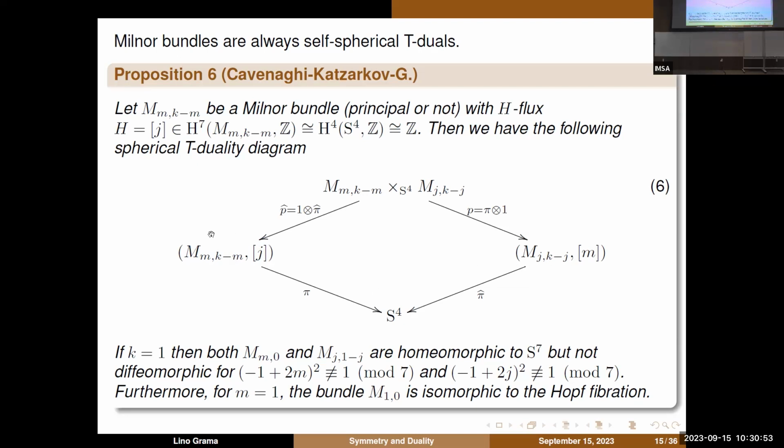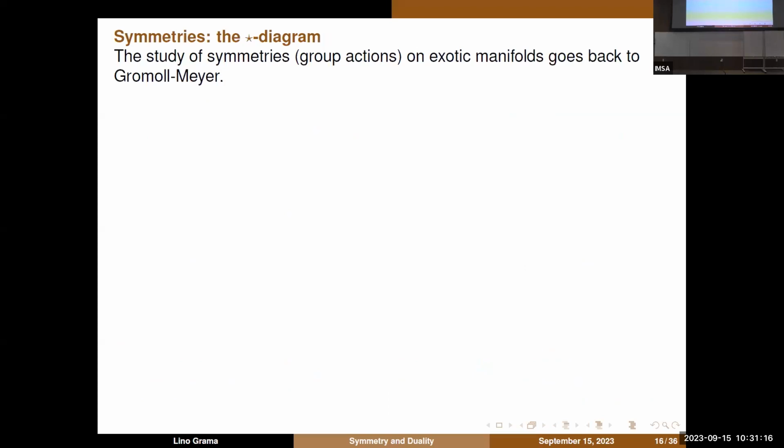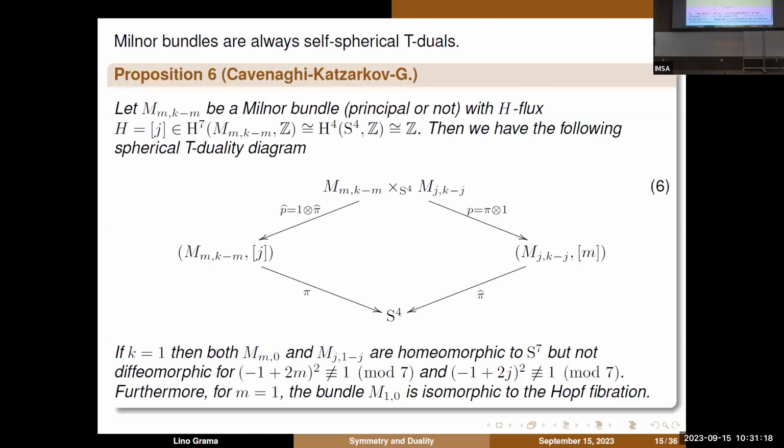Like T-duality, we need to produce this in pairs. We need to start with a manifold with a class, and we have a lot of freedom to choose this H flux, and you can control the dual manifold.